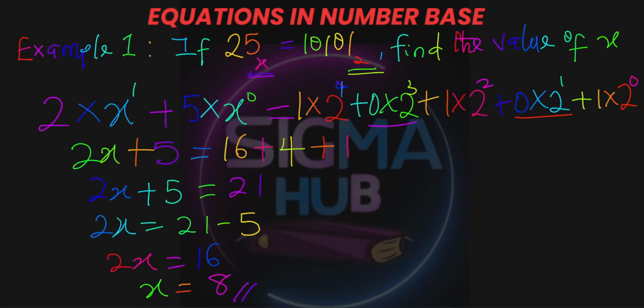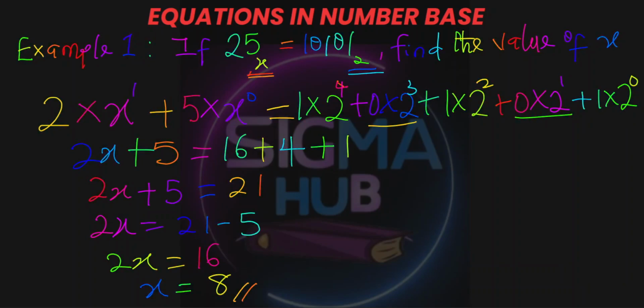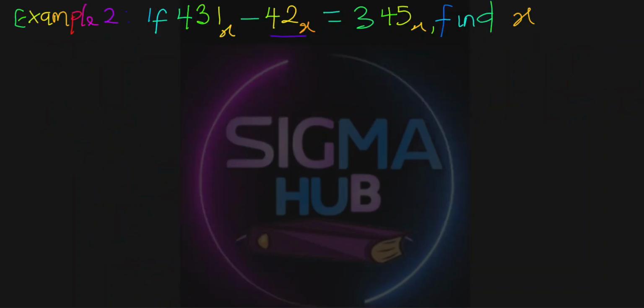Now let's look at the second example. Example 2 says: if 431 base x minus 42 base x equals 345 base x, find x. Like I told you, if you are given bases apart from base 10, all you need to do is convert all the bases given to you to base 10. In this case we have base x for everything, and we are converting all of them back to base 10 in order to arrive at a perfect solution.